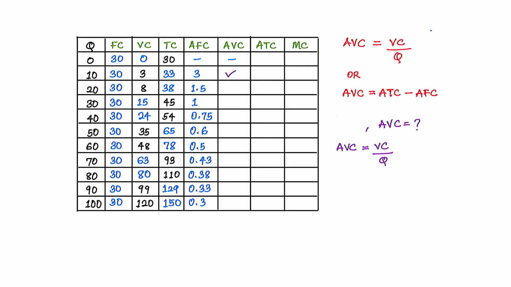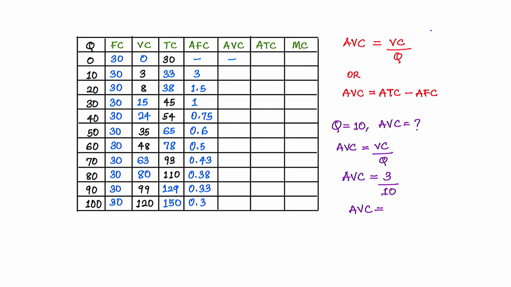Next is the second box here. So we are trying to determine the value of the average variable cost when quantity is 10. Using this formula, average variable cost equals variable cost, which is 3, over quantity, which is 10. So we have 3 divided by 10.